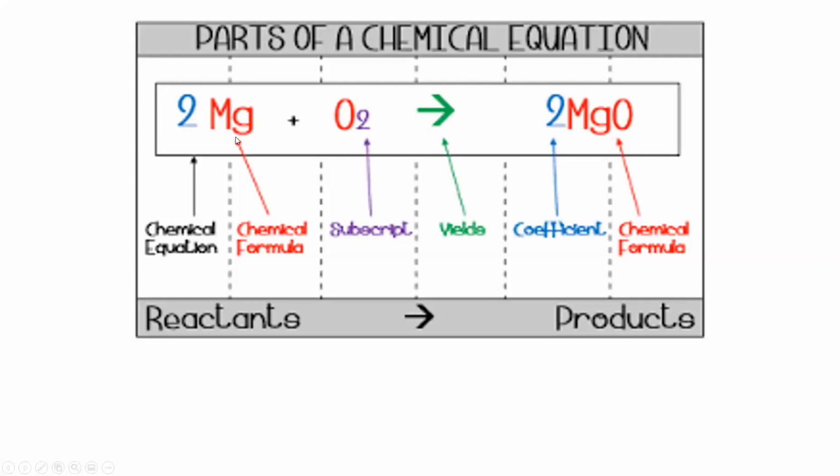You have the chemical formulas and you have an arrow. The arrow means yields. The substances before the arrow are the reactants, and the ones after will be the products.